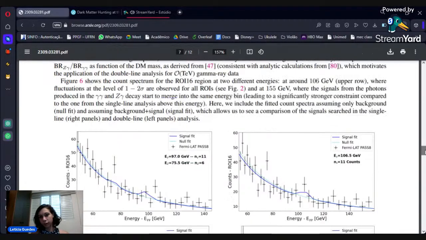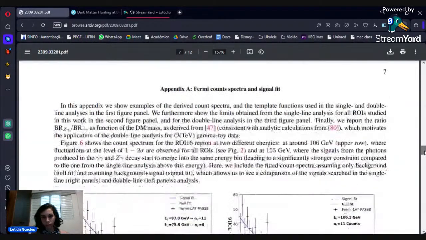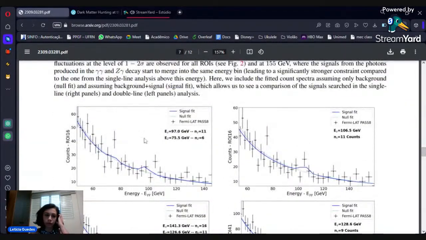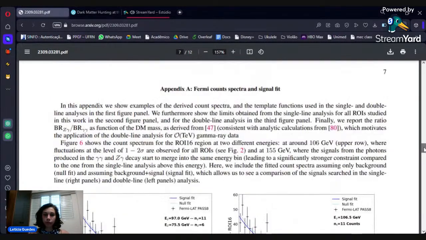But here in the appendices, they show what the signal would be. This is the counts of the process, the gammas, and this is the energy. So this would be the double lines, there are 2 peaks, and this would be the single lines. Yeah, so that's what they're looking for.